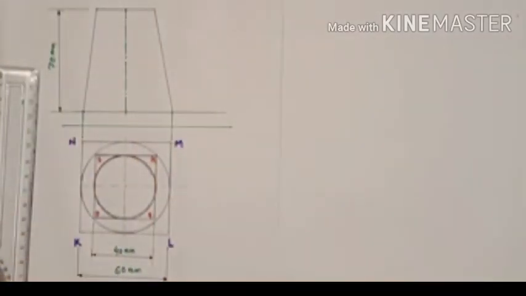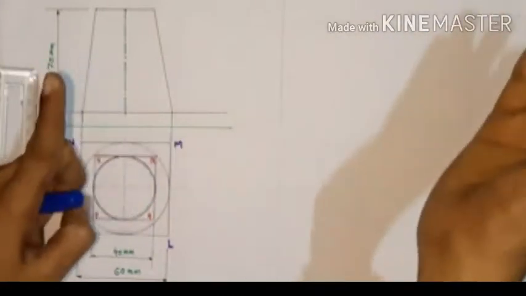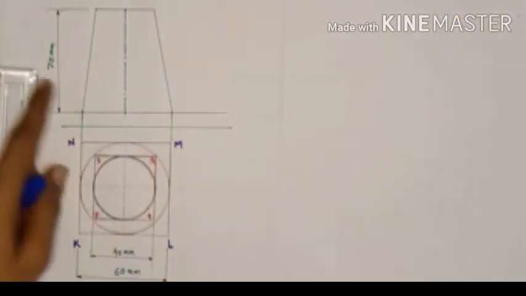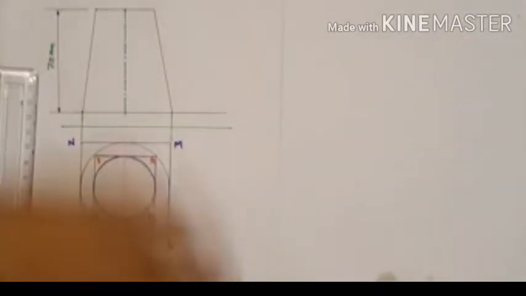So here we have a requirement to draw the isometric projection of this cone, the section of cone. You can say when your cone looks like this, and when you cut this cone at a certain angle, then you remove the remaining portion.